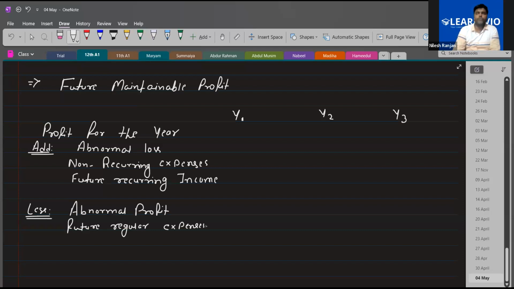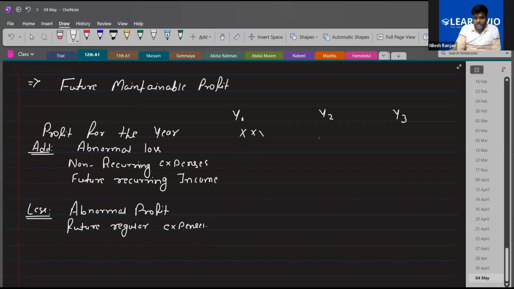Like in some questions, you will find that from the next year, a manager or any employee is hired in the business, and we have to pay extra salary of 5,000 per year or 10,000 per year. So it means it will be deducted from the next year onwards. So that's why we are including it in the current year profit also.